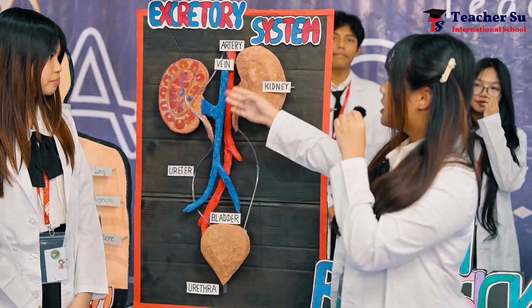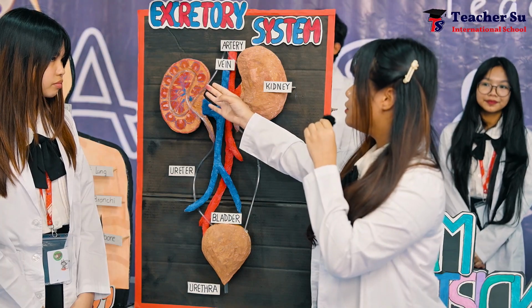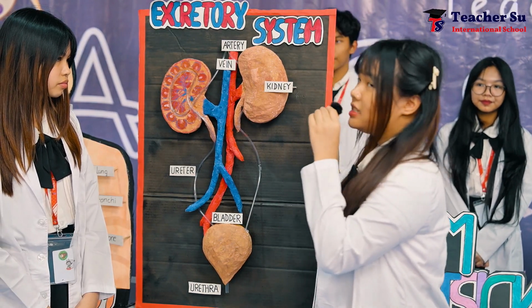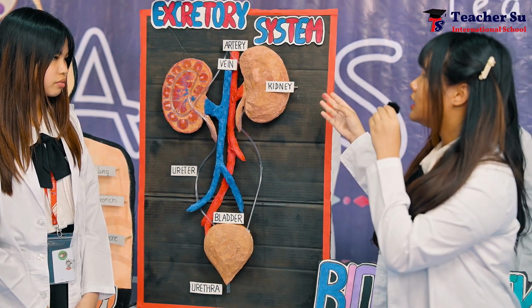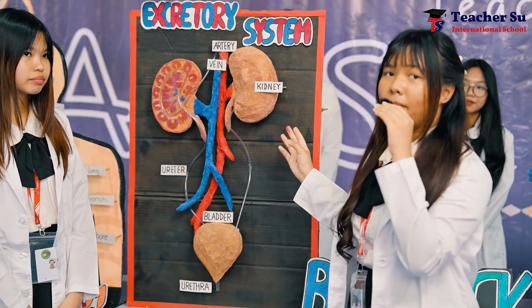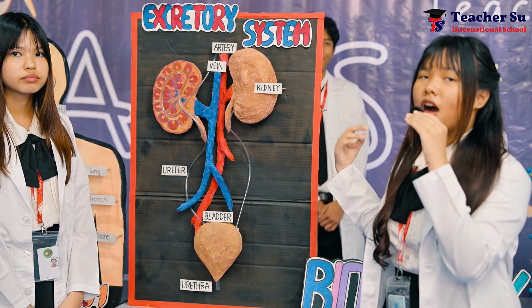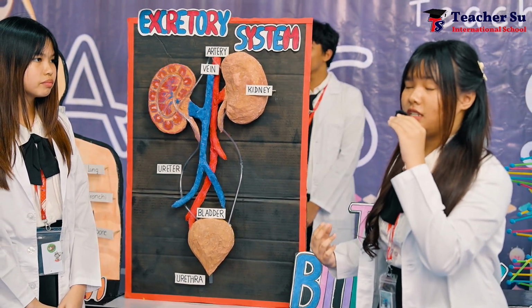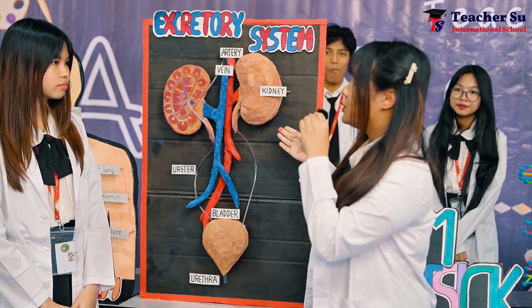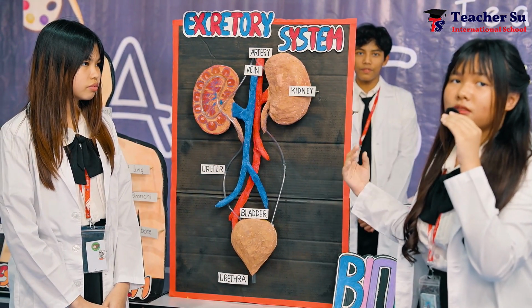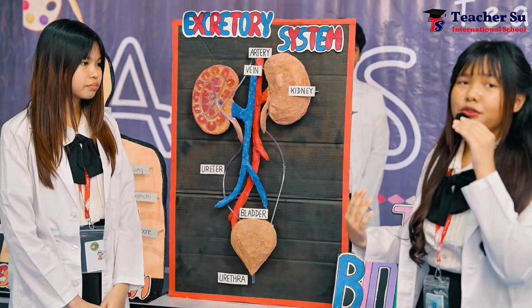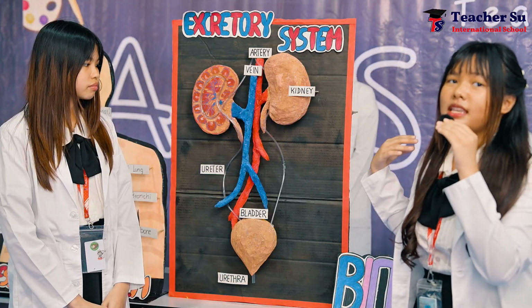And then, as you can see here in our model, there are two kidneys, which are bean-shaped organs, and the kidneys filter the blood that comes from all parts of the body, especially from our organs and muscles after respiration. This blood contains waste substances such as urea, salts, and water, which are produced when we break down food and release energy.